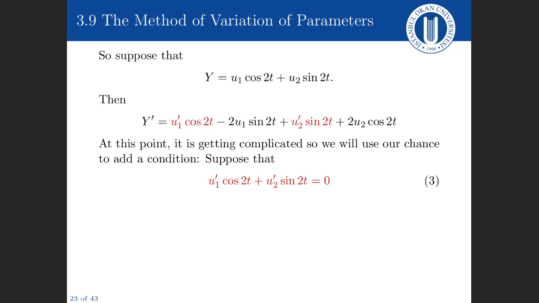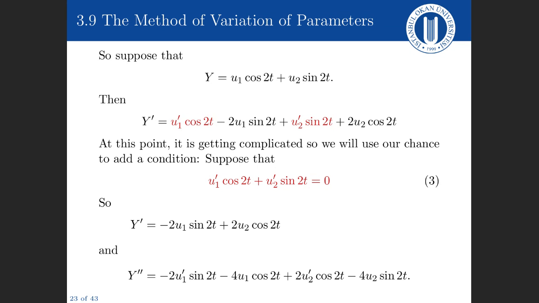I'm going to introduce a condition here. I'm going to assume that these terms in red are equal to 0. This is my one chance to introduce an extra condition. I'm using it here. So that makes y prime easier. And then y double prime has only 4 terms instead of lots of terms.